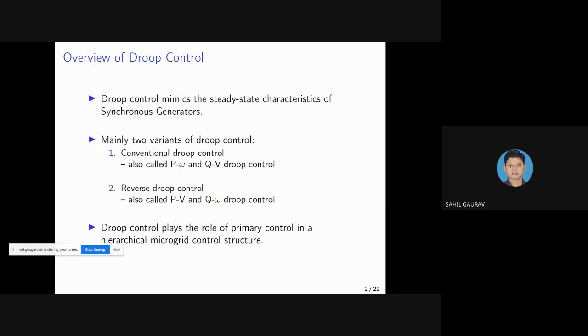So accordingly, on the basis of these statements, there are two variants of droop control. The first one is conventional droop control, also called P-omega and QV droop control, and the second one is called reverse droop control, also called PV and Q-omega droop control.